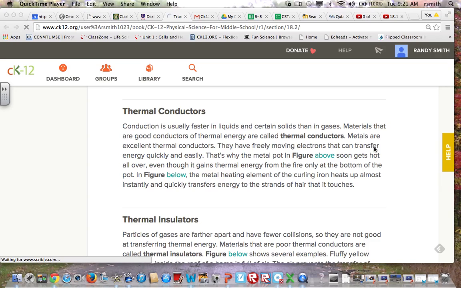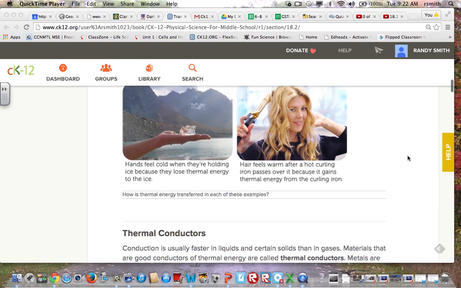They have freely moving electrons that can transfer energy quickly and easily. That's why the metal pot in the figure above soon gets hot all over, even though it gains thermal energy from the fire only at the bottom of the pot. In the figure below, the metal heating element of the curling iron heats up almost instantly and quickly transfers energy to the strands of hair that it touches. It's actually right here. Kind of looks like Fergie, doesn't it?